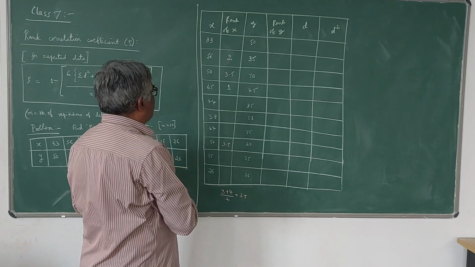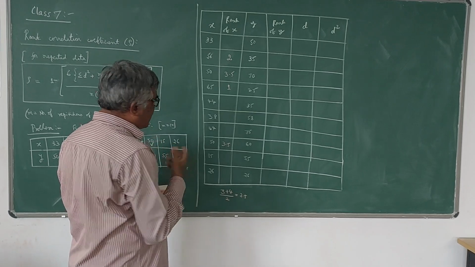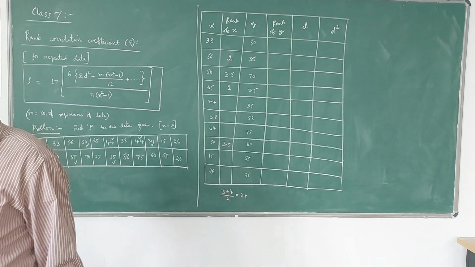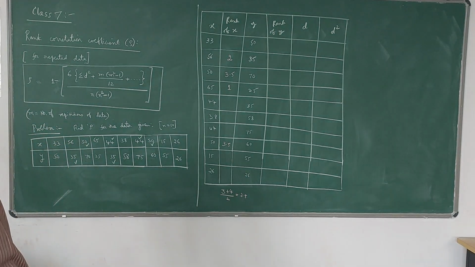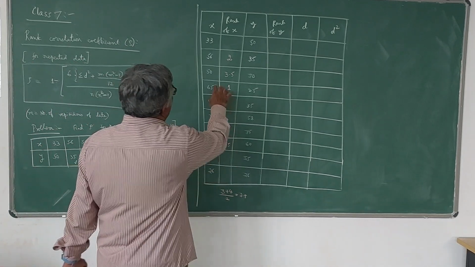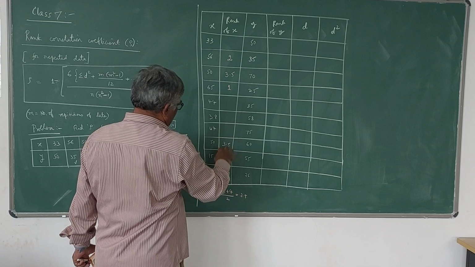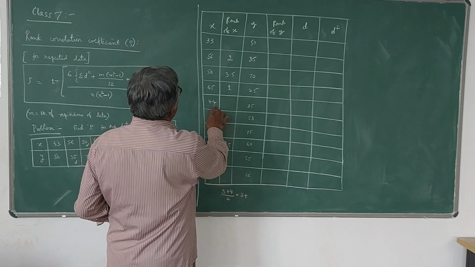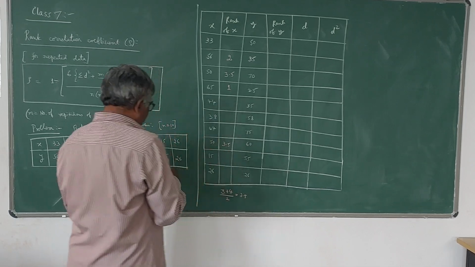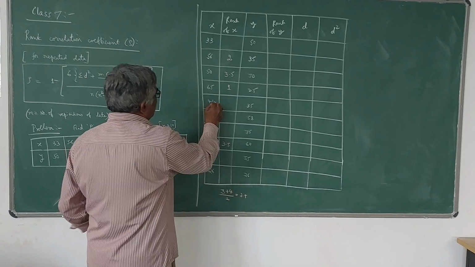Next comes rank 5. The next higher value after 50 is 44, and you have two values, 44 and 44.